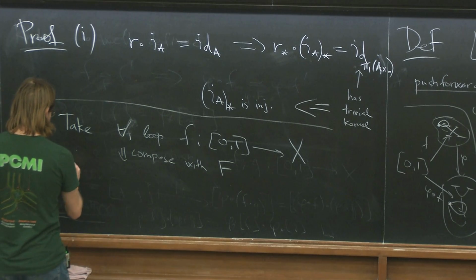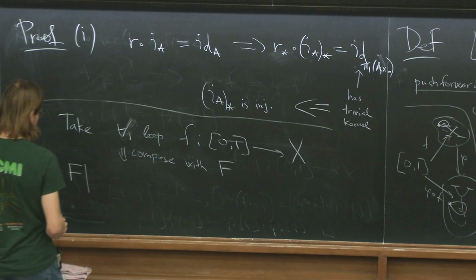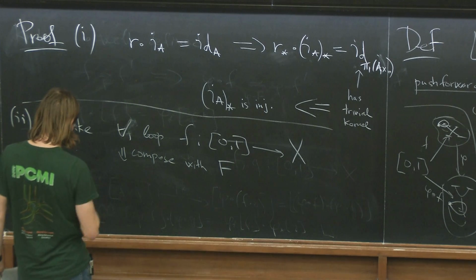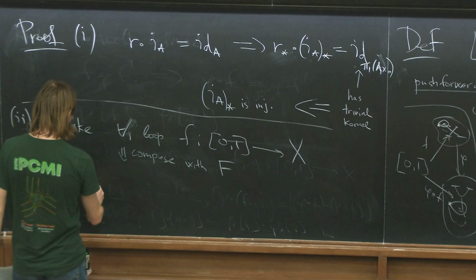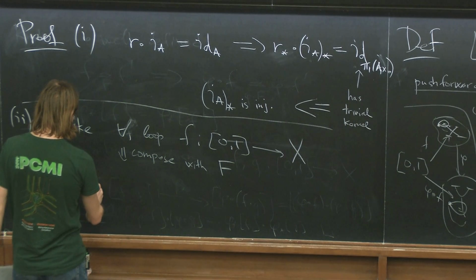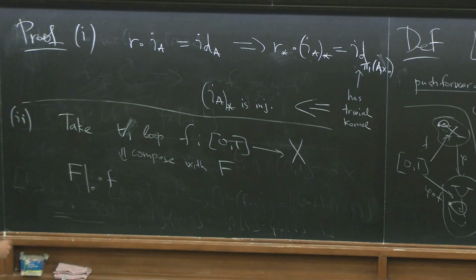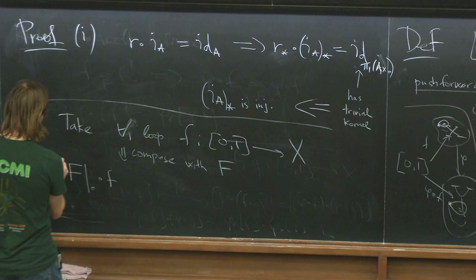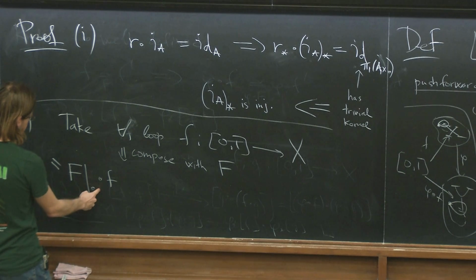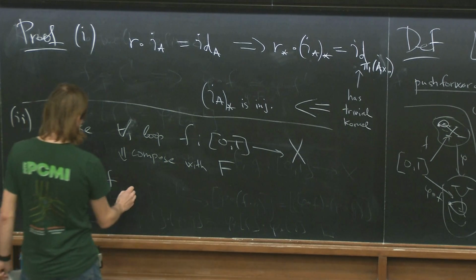In particular, if you consider the restriction of F to 0 applied to f, since we know that the restriction of F to 0 is the identity, this is the same as f.